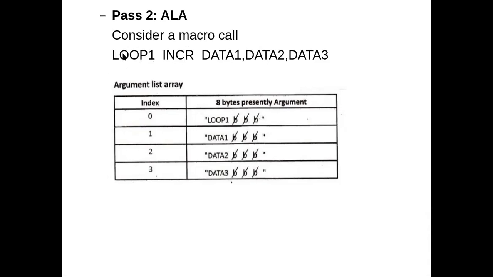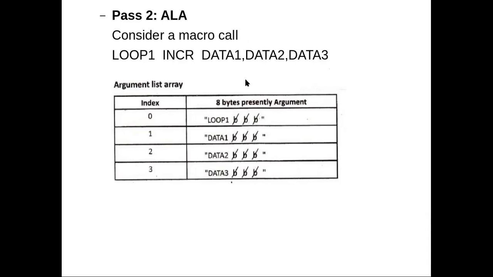We have already stored the index markers for these in pass 1. That is, the index marker for loop 1 is hash 0, for data 1 is hash 1, for data 2 is hash 2, and for data 3 is hash 3.